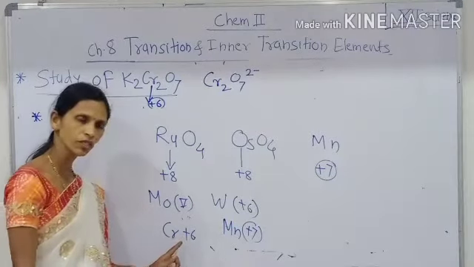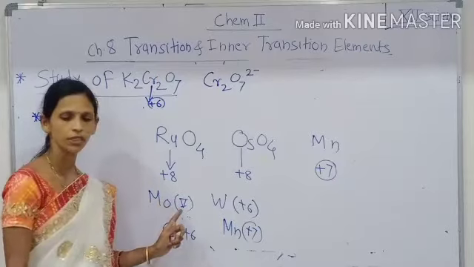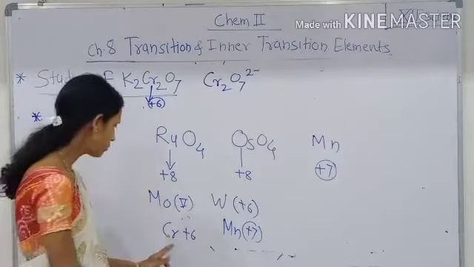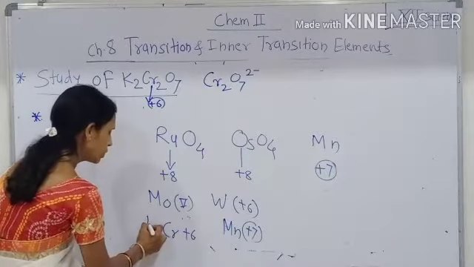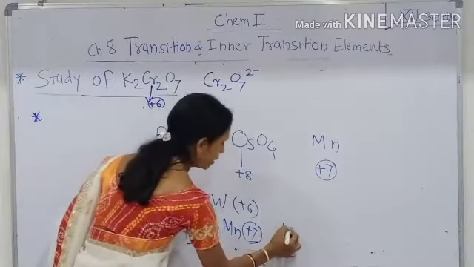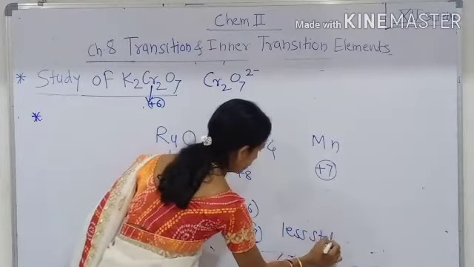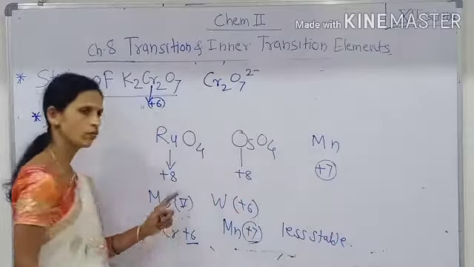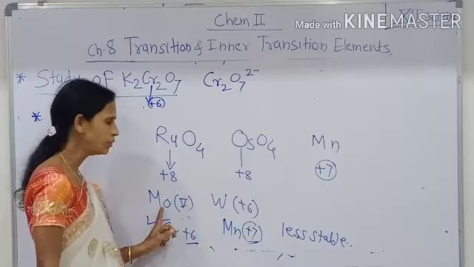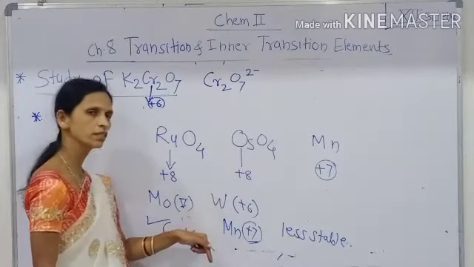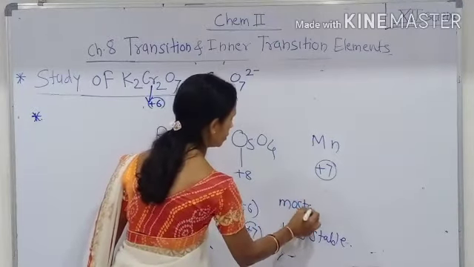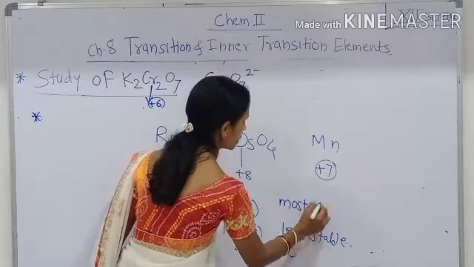Chromium is a first transition series element and molybdenum is a second transition series element. That means the compounds of first transition series elements in their higher oxidation states are less stable, while the compounds formed in the higher oxidation states of molybdenum and tungsten, which are present in the second and third transition series, are the most stable compounds.